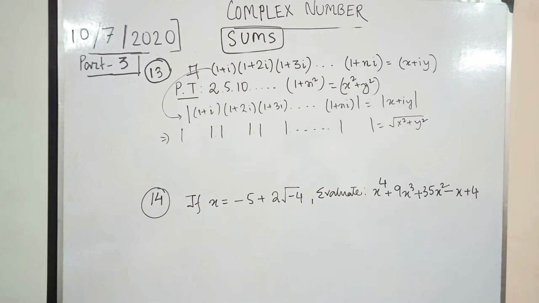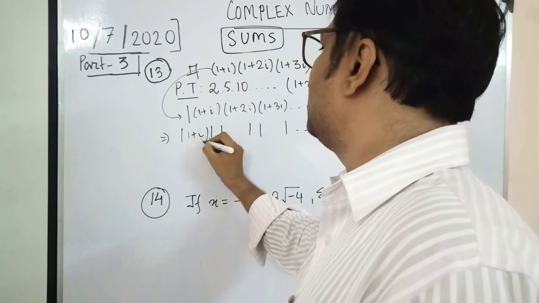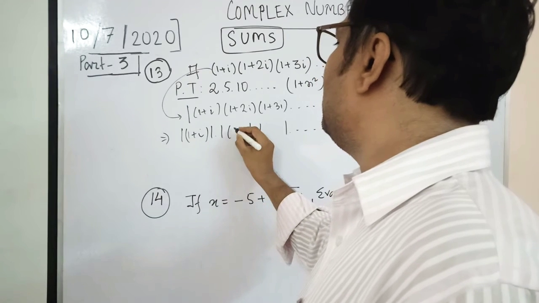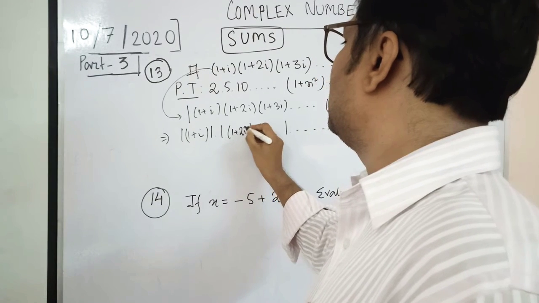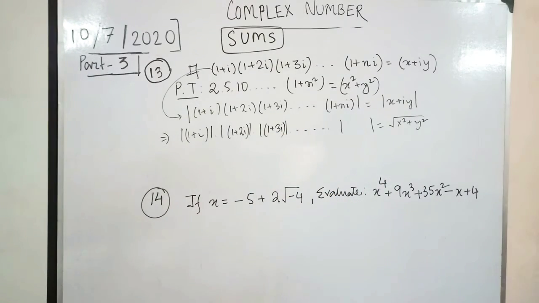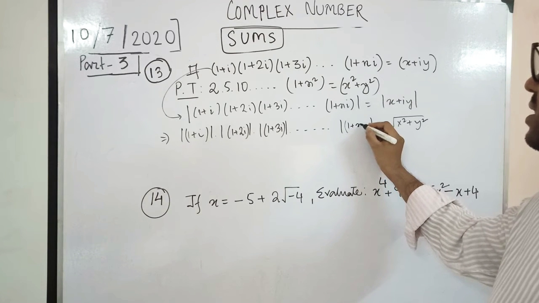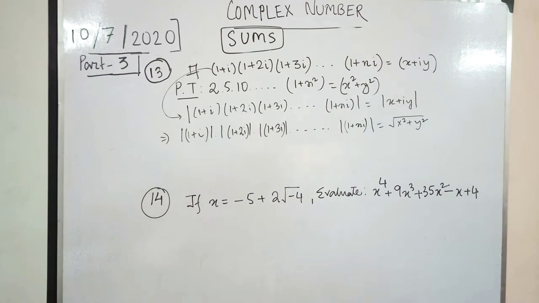Now inside the mod, what is to be written? These factors: 1 plus i, 1 plus 2i, 1 plus 3i, all these written till the last term 1 plus ni. Now each of these mods, I'll mark with another color so that it's a little visible.